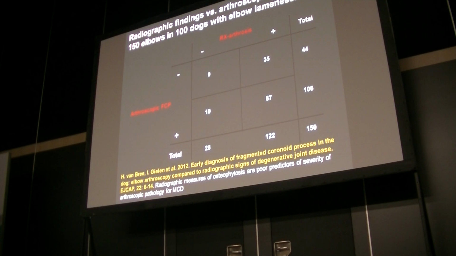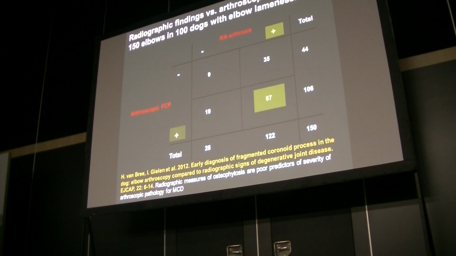Then a study we did a few years ago where we compared the radiographic findings of arthrosis in 150 elbows. And we compared these findings with arthroscopic findings. So all these elbows were scoped as well. So in total, 150 elbows.